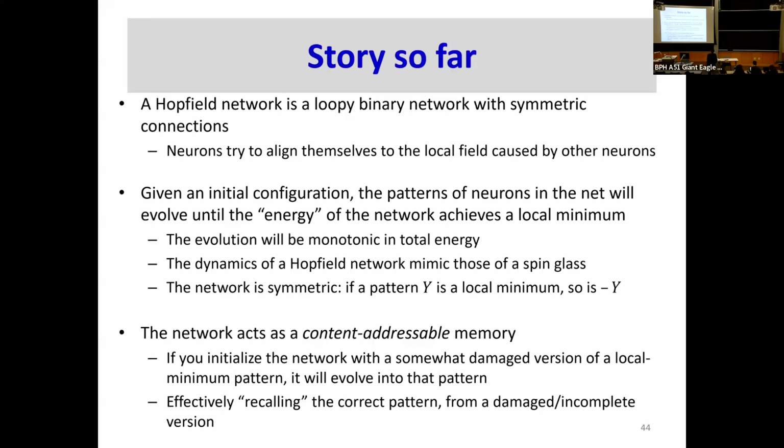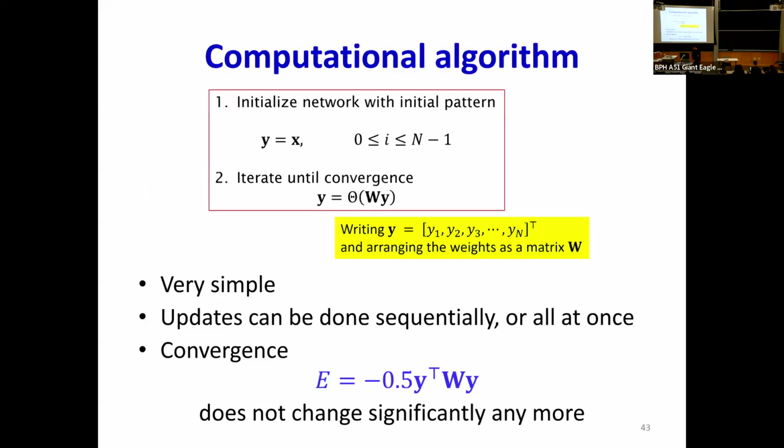The network is symmetric. Now, here's an interesting characteristic. Because the network is going to evolve until it arrives at a local minimum in energy, and the energy is defined as a quadratic, minus 0.5 times y transpose Wy, if y is a local minimum, minus y is also a local minimum, because both of them have the same energy.